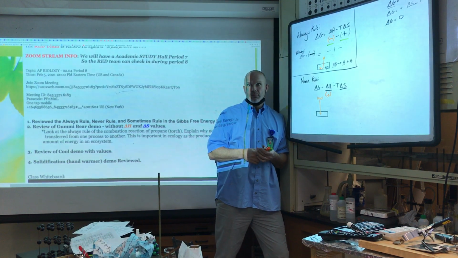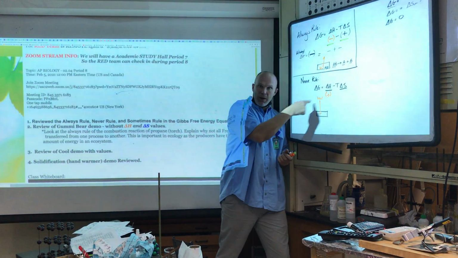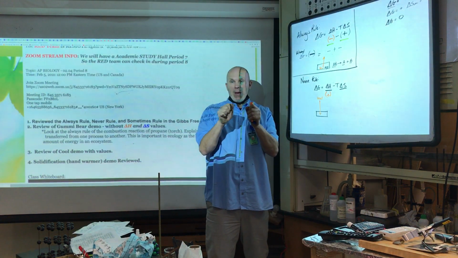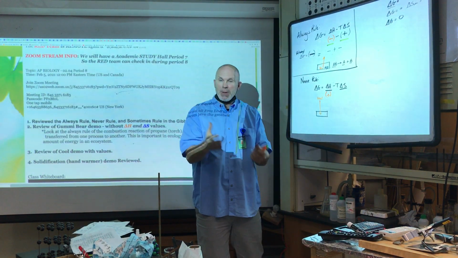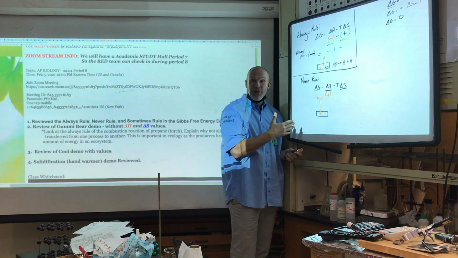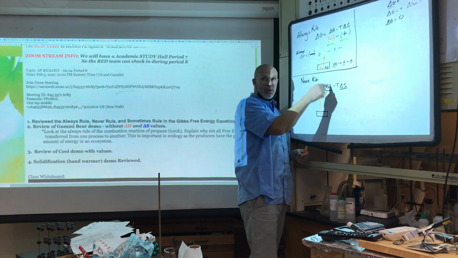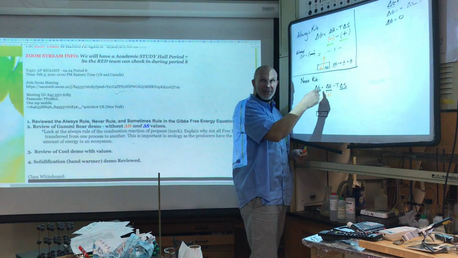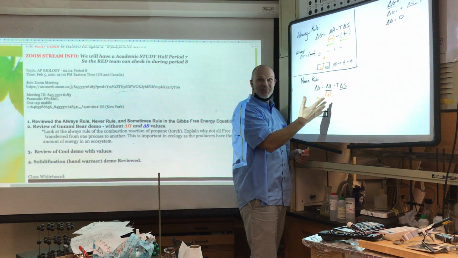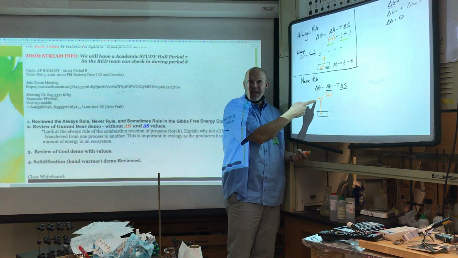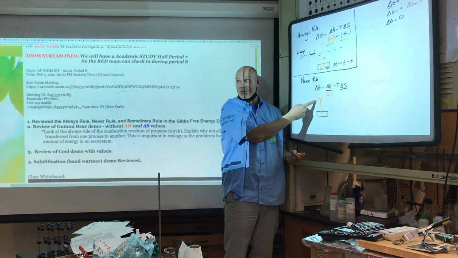So these molecules around here are now going to move slower, which means they can't dissipate as well. That means the entropy of the surroundings decreases. You can think of this term right here as measuring the entropy of the surroundings by the heat flow of the system. Because the same heat that the system grabs is the same heat that the surroundings loses. That's how it works so nicely.